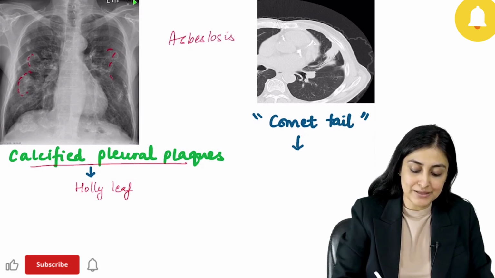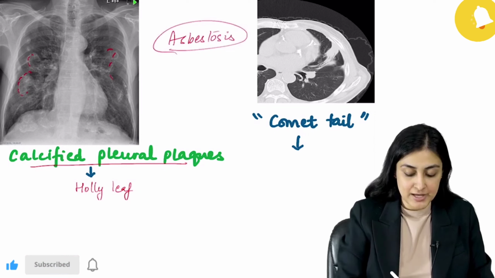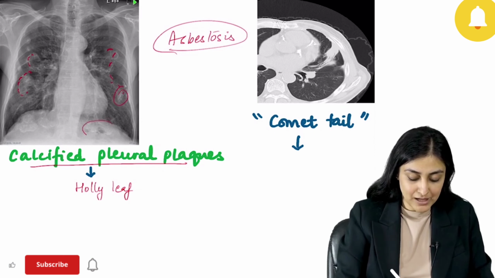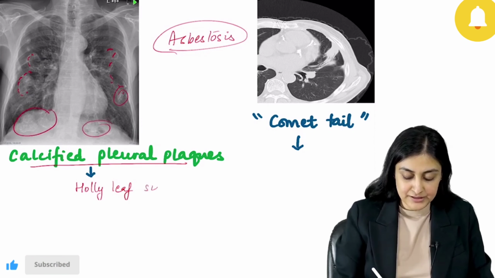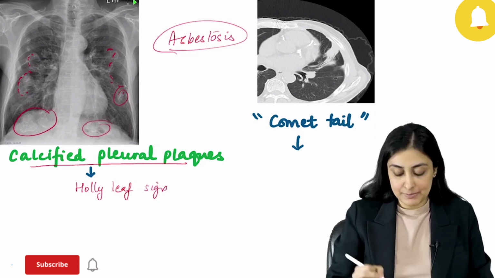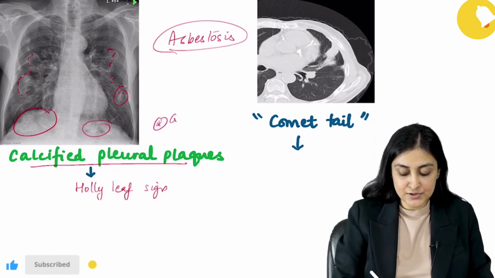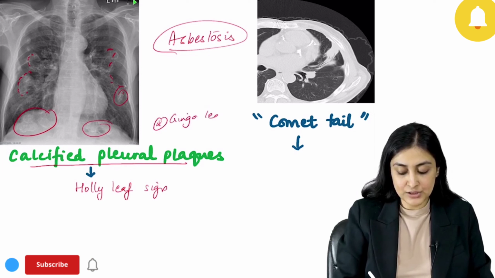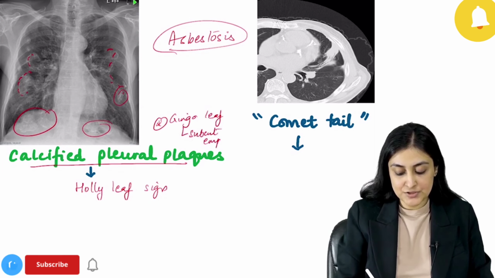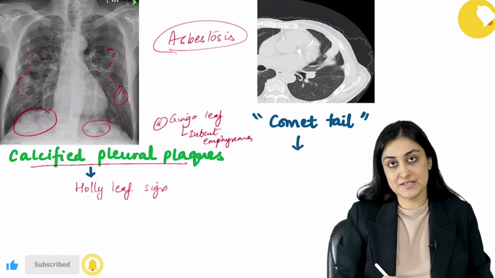So now we are talking about the manifestations of asbestosis. You will see these calcified pleural plaques everywhere which give the name holly leaf sign. Remember, in contrast, the ginkgo leaf, frequently confused, ginkgo leaf sign will be seen with subcutaneous emphysema. Okay, so that is related to subcutaneous emphysema.